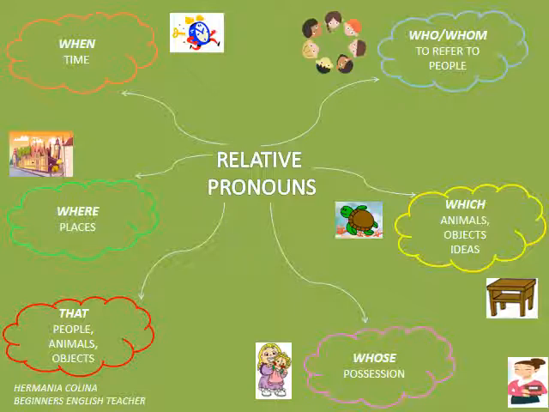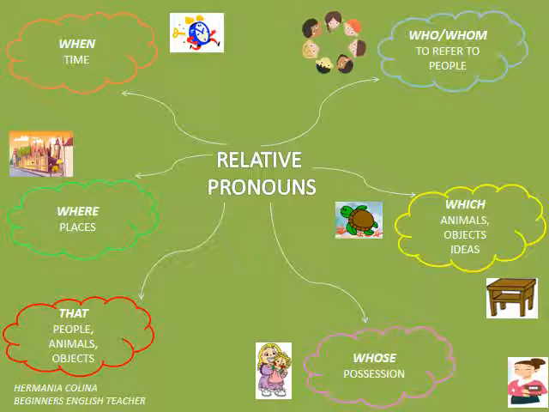For example, who and whom are used to refer to people. Which is used when you talk about animals, objects, or ideas. Whose is used when you want to express possession.